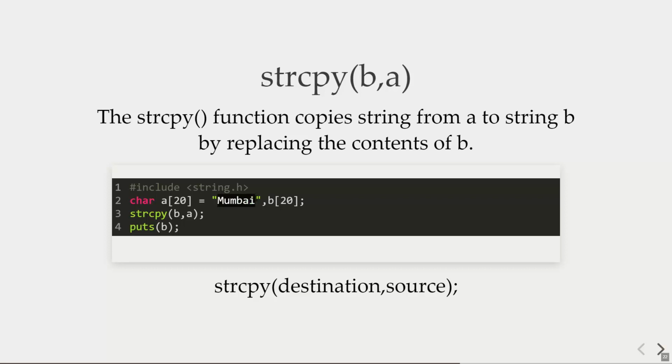I want to copy the value Mumbai to B. So I will simply do string copy, and B is where I want to store, so the first parameter should be B, and A is where the data is already there, so the second parameter should be A. After doing this, the value will be copied from A to B. Now if I run this program, inside B also there will be Mumbai. You can try this.